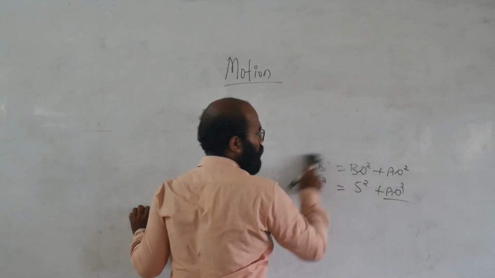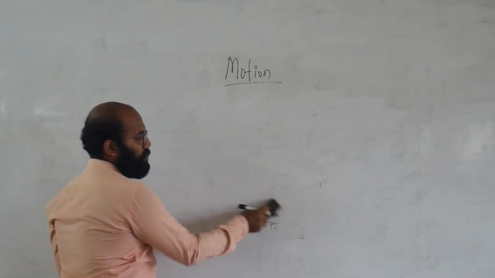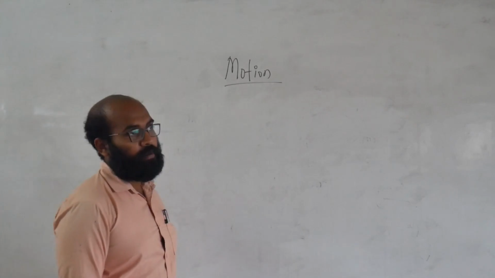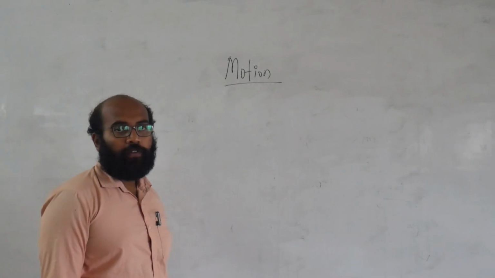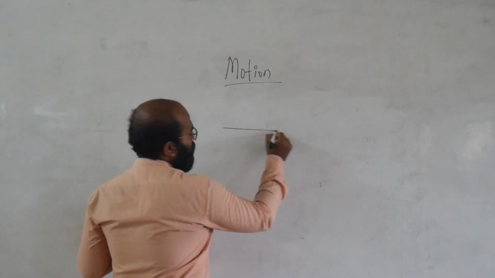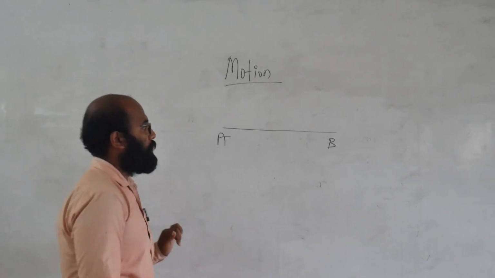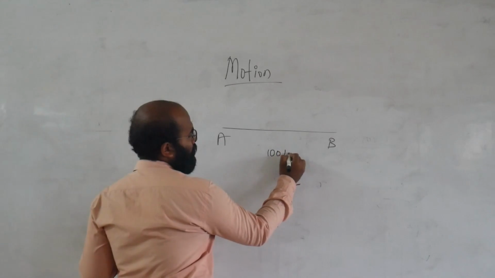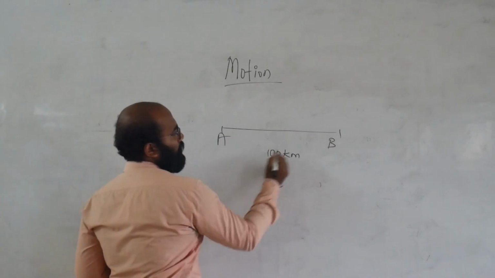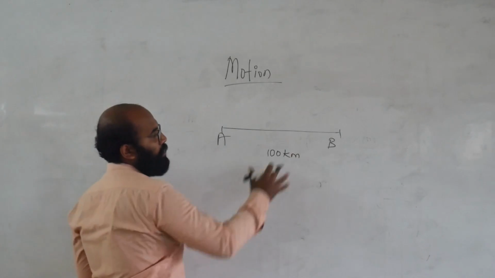If you know how to calculate displacement, the next concept that we will be discussing, that is velocity, will be easy. Before that, what is uniform motion? Suppose there are two points A and B at a distance of 100 km. In between A and B, there are many other cities or small villages. A and B are two cities.